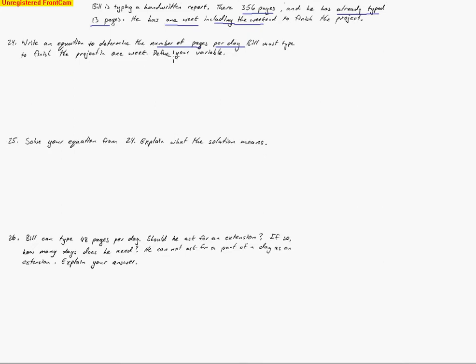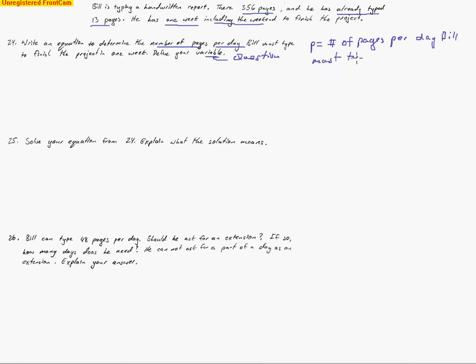We're going to define our variable as well. Our variable is always going to end up being the question. Whatever question they're asking for, that's what you're going to use as your variable. Since it's pages per day, let's use P for the number of pages per day Bill must type.